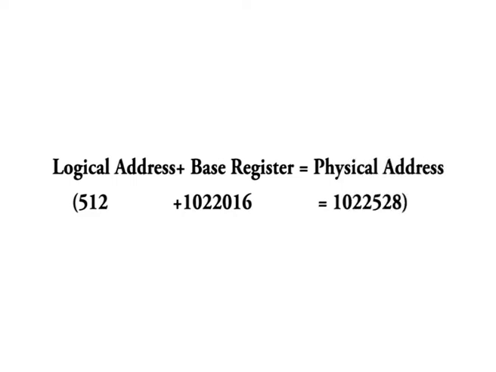Therefore, to fetch the correct instruction or data required by the CPU, the contents of the base register, which is 1022016, will have to be added to the logical address 512 to generate a new address called the physical address, as shown in the figure. The instruction or data required by the CPU can be fetched from this physical address.